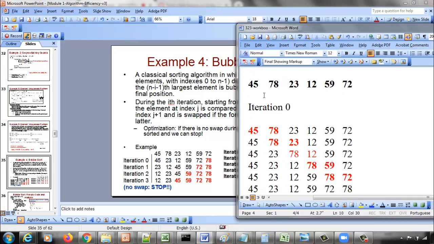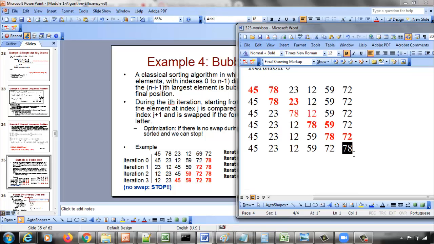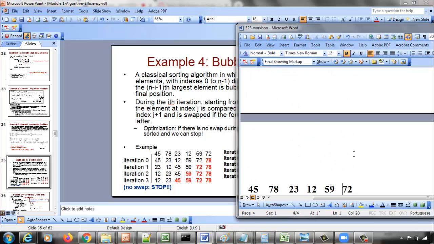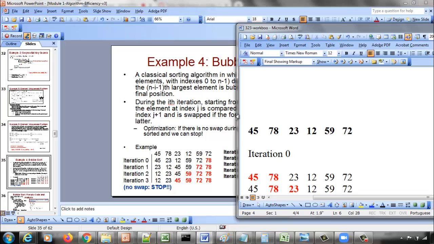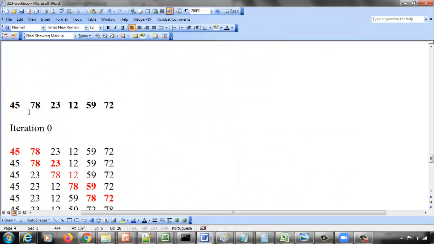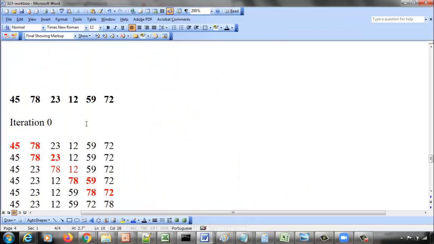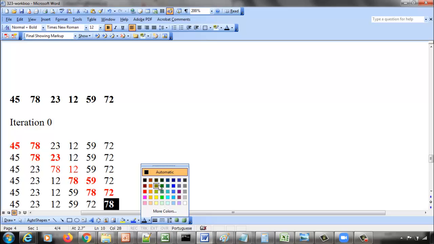So we started with this array, and at the end what happened? The largest among the elements in the array has moved to its right, or to its final position. The largest among these elements is 78, and that element has moved to its final position. So that's the first iteration, or that's one iteration.